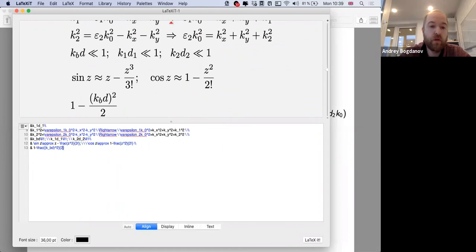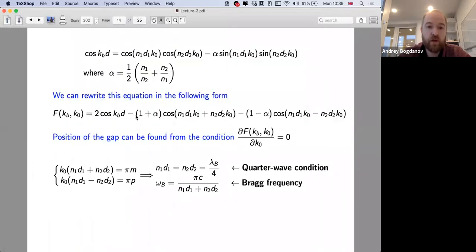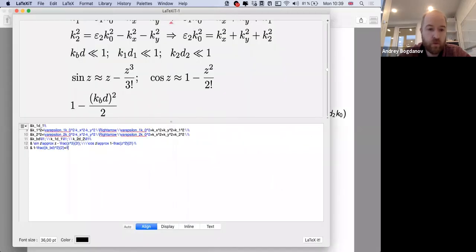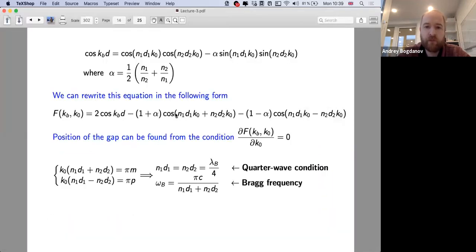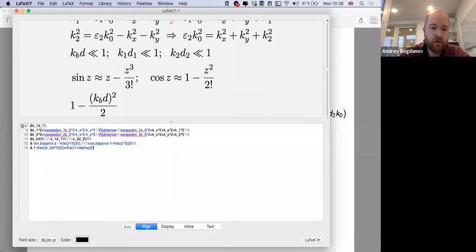Okay, and what about the right part? Here I should write 1 plus alpha over 2 cosine. Yeah, cosine again. What should I write here? Like 1 minus K1 D1 plus K2 D2.